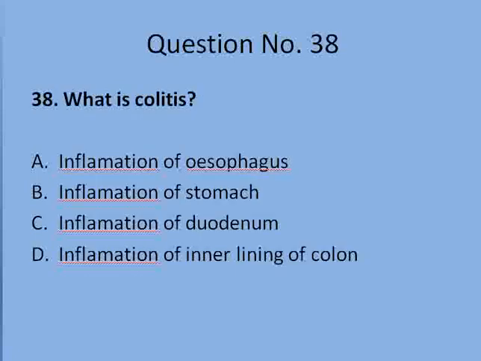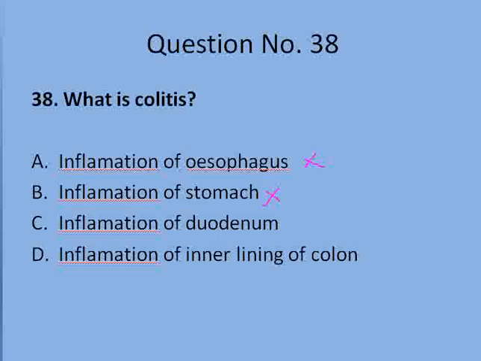Question number 38. What is colitis? Here, the inflammation of the esophagus is called esophagitis, so it is not the correct answer. Inflammation of the stomach is called gastritis, so it is also wrong.